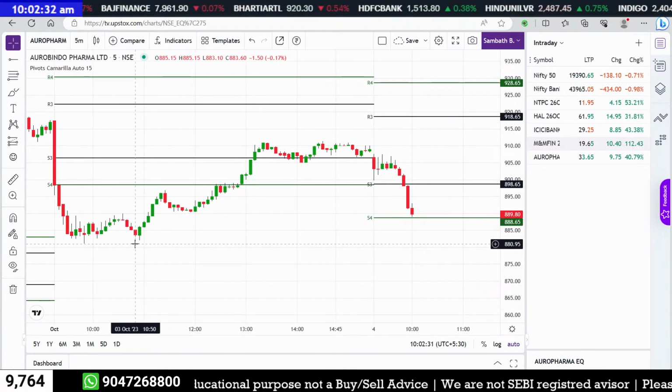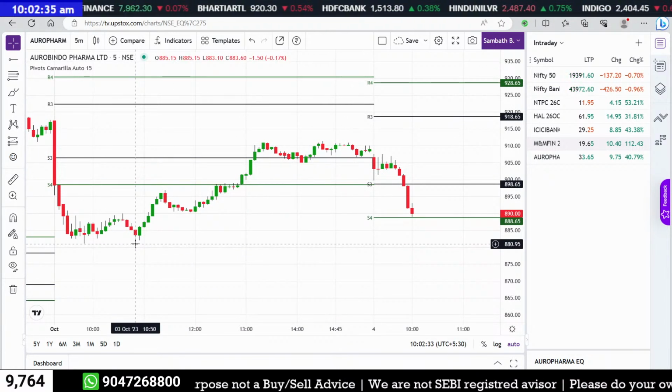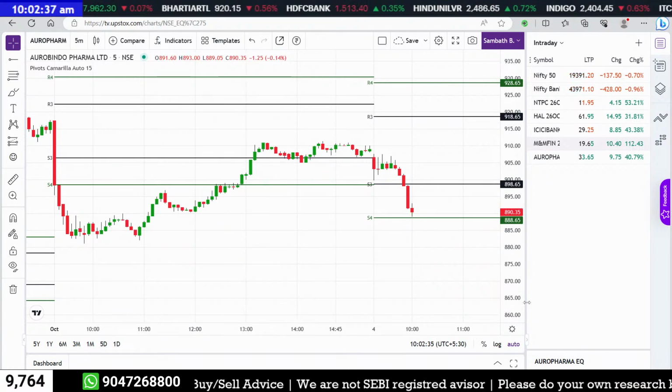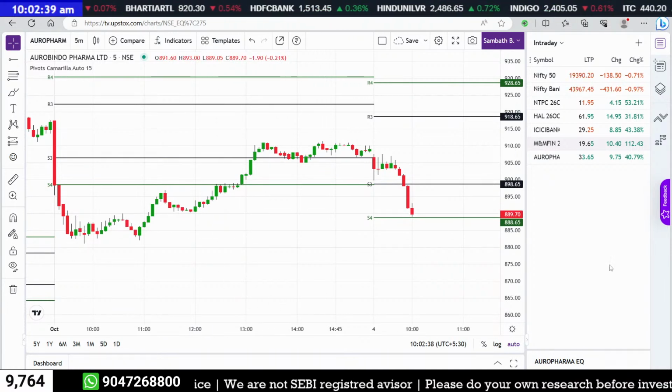Was previous day low 80, no 8089. It's going to break S4. That one is 33.65.